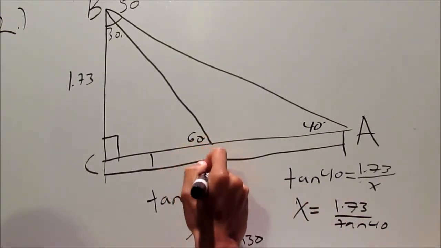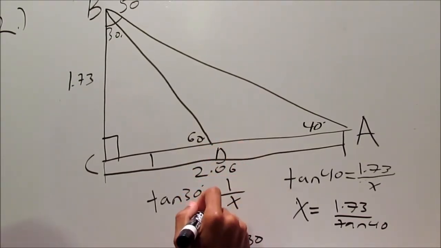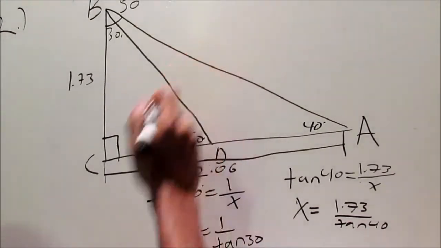This total length here is 2.06, and we could use Pythagorean theorem to find the hypotenuse.